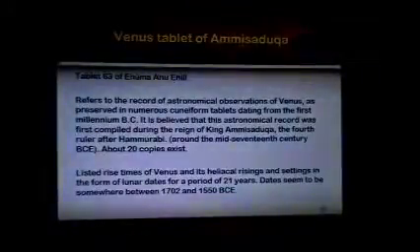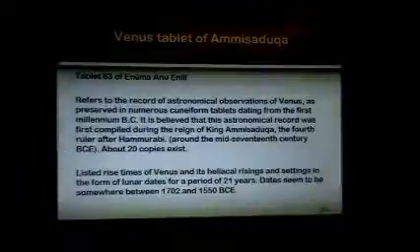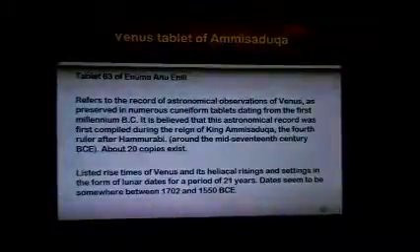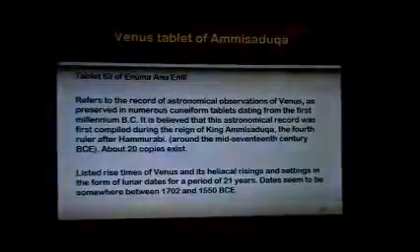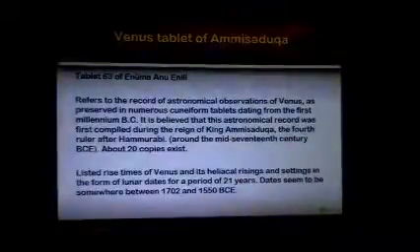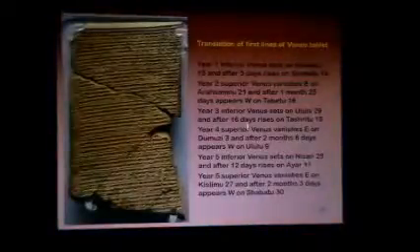And you can see that there are various dates given for this, but one of the most reliable pieces of scholarly research suggested 1550 BC was the date of those observations. So here's the first lines that come out of this tablet here, and really what it is just telling you where Venus was in each month.